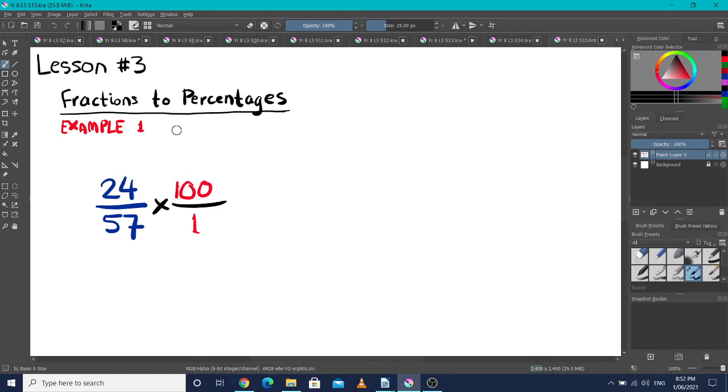For percentages, we must multiply by the following fraction. The numerator must always be multiplied by 100 and the denominator must always be multiplied by 1. So even if you had 3 over 4, 20 over 60, 24 over 57, it must always be multiplied by 100 over 1.